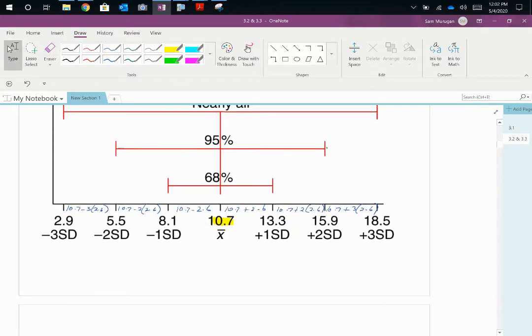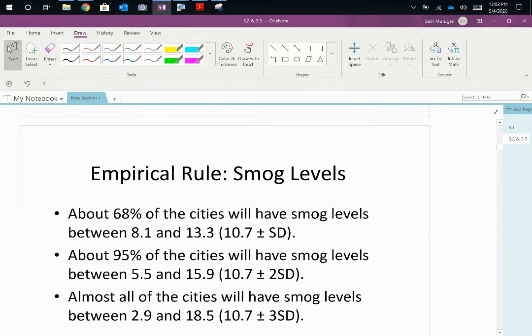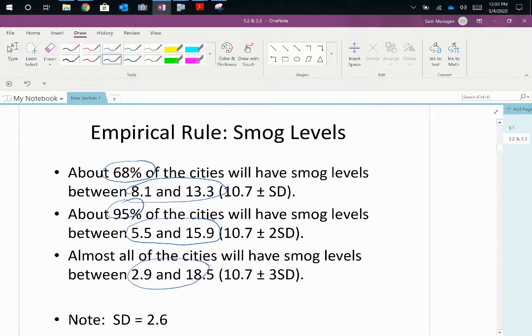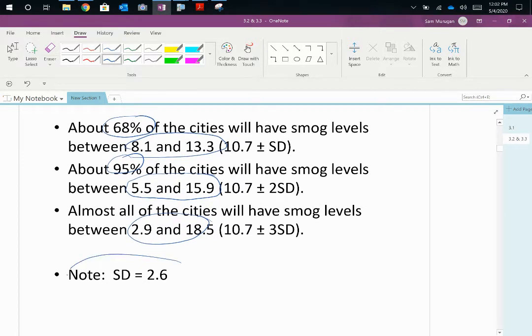So that shows how this works. In other words, about 68% of the cities will have smog levels between 8.1 and 13.3. About 95% will be between 5.5 and 15.9, and about 99.7% will cover nearly all the data. And please notice the standard deviation is 2.6. That's already given.